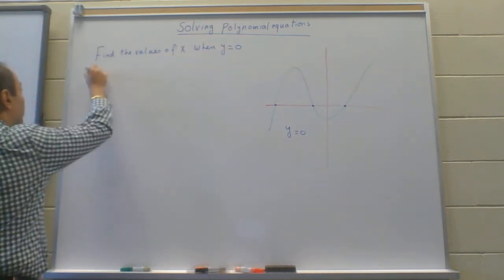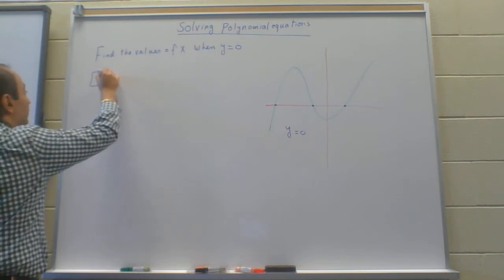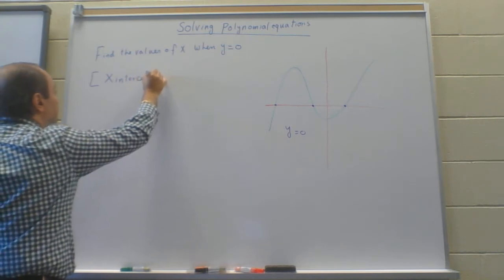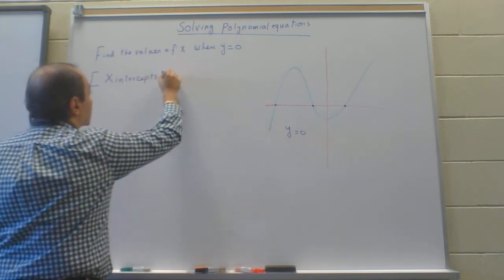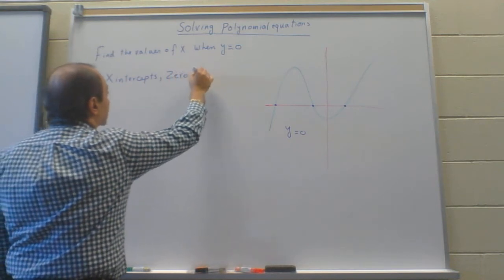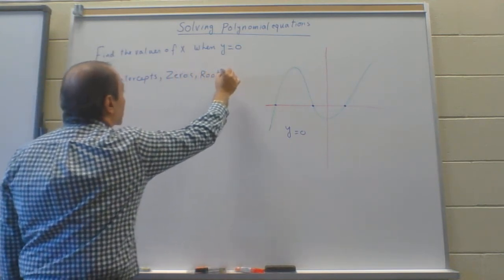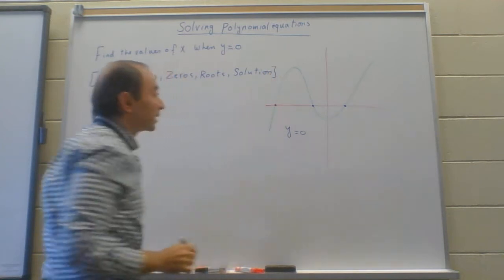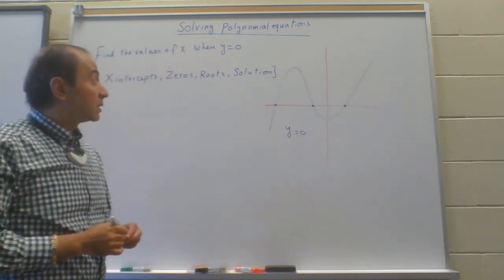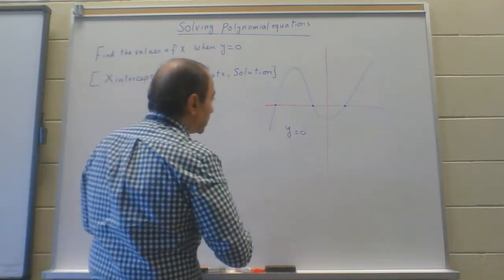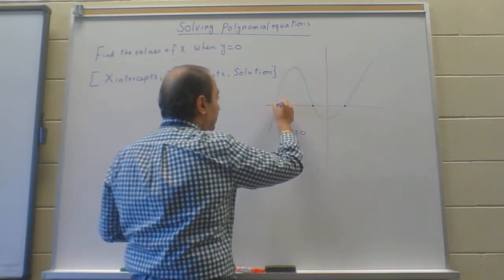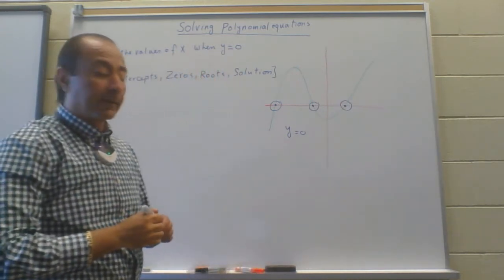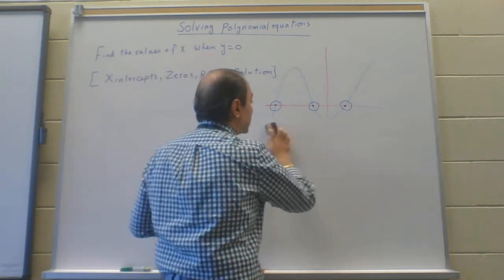In other words, we are finding the x-intercepts, zeros, roots, or we call it solutions. All of those have the same meaning. So simply, we are finding the value of x when y is 0. So those are our target, the x values when y is 0. Okay? This is the first thing I wanted you to know.